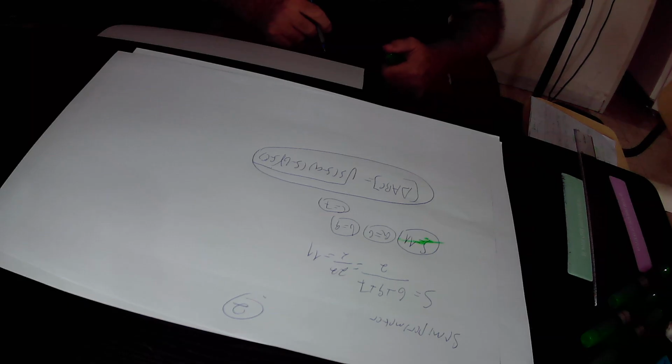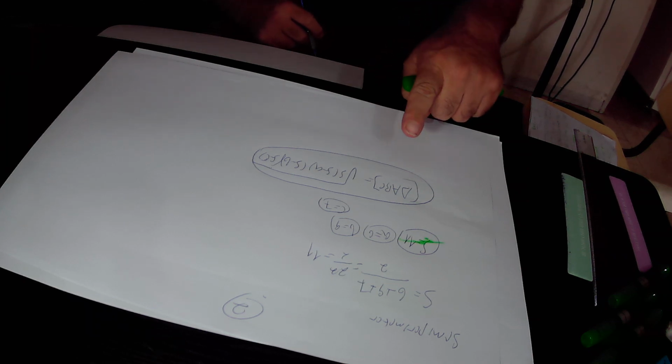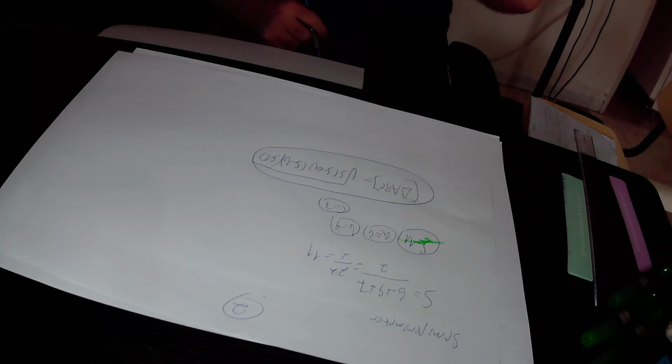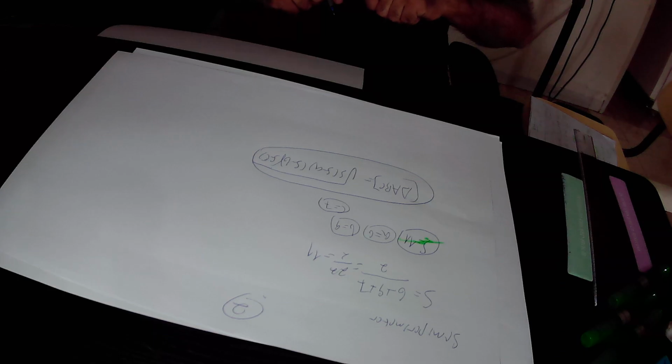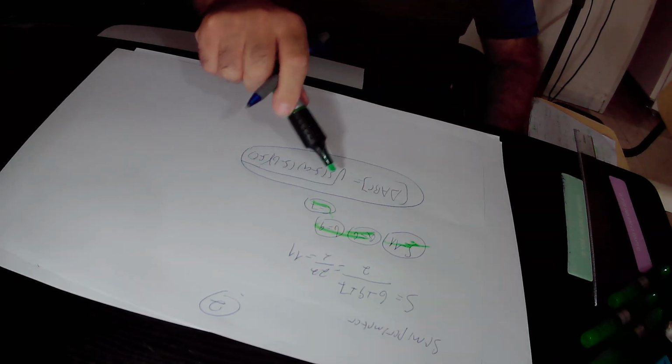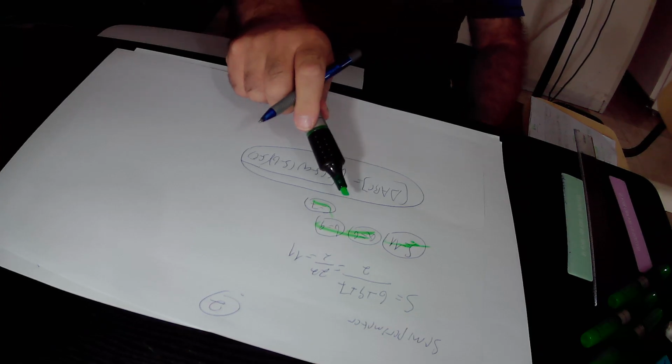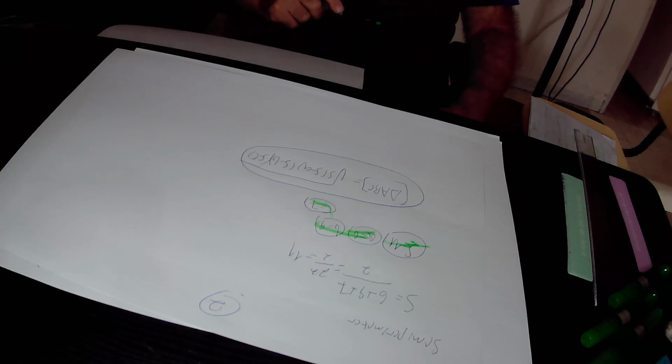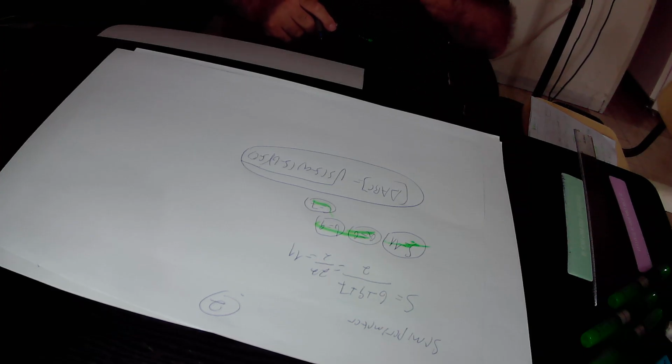So in our case, the side lengths of triangle ABC are as follows: A is 6, B is 9, and C is 7, and S, the semi-perimeter of triangle ABC, equals 11 units in length. The only thing left to do is to put this data inside this equation and find the area of our triangle ABC.